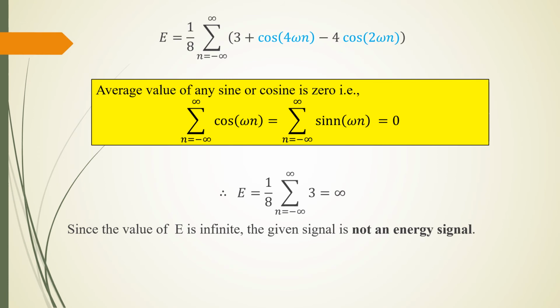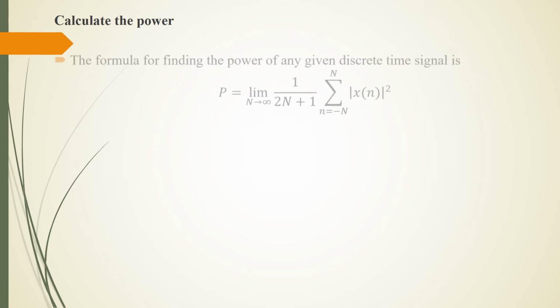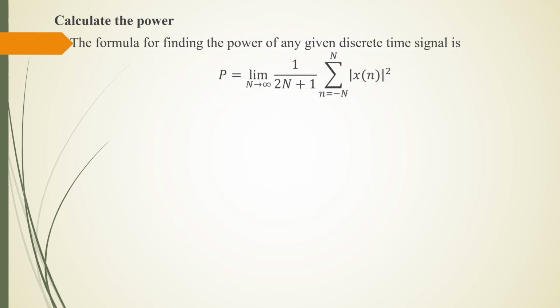Now that we know it's not an energy signal, let us calculate the power of this signal. The formula for finding the power of any discrete time signal is given by this expression. You can see it is average power, averaged over a particular length. The length we are taking is from minus n to plus n.